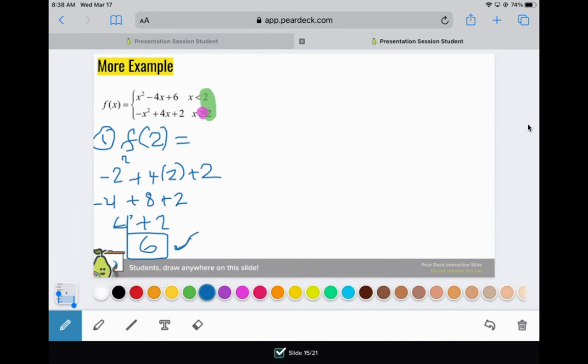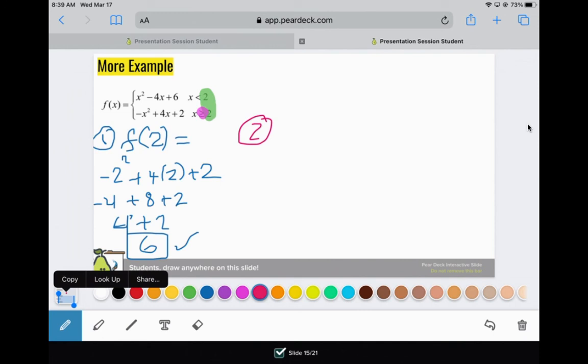Step number 2, I'm going to test for the limit. If I plug it in and get 0, that's fine, it's still defined. But if the calculator tells me it's an error, then it's not. For a piecewise function, most of the time it should be defined.